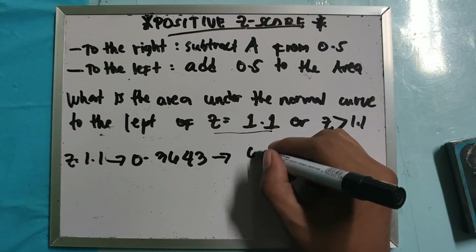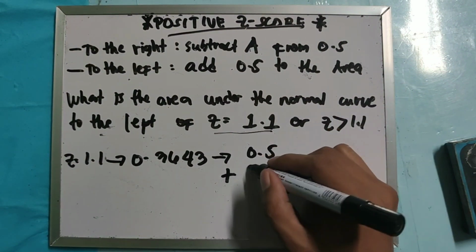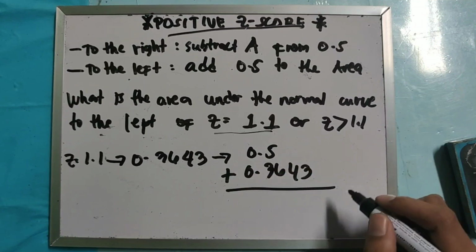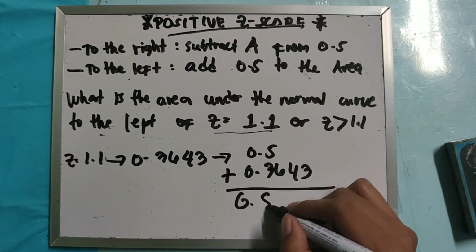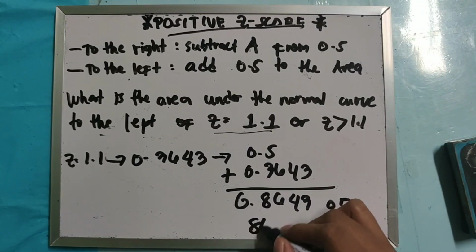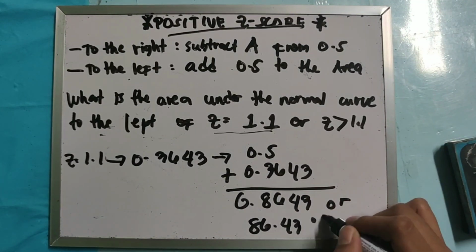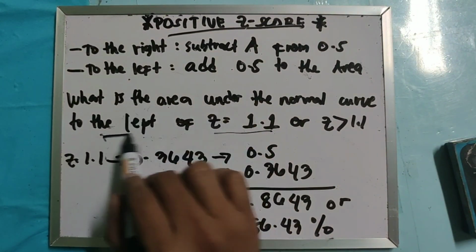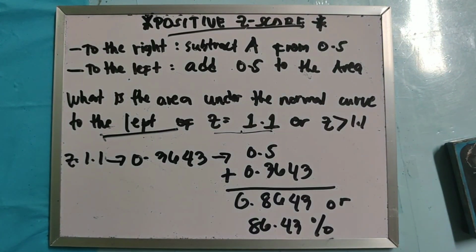So, add 0.5 plus 0.3643. So, the area will be 0.8643 or 86.43%. If the required area is to the left of a positive z-score.